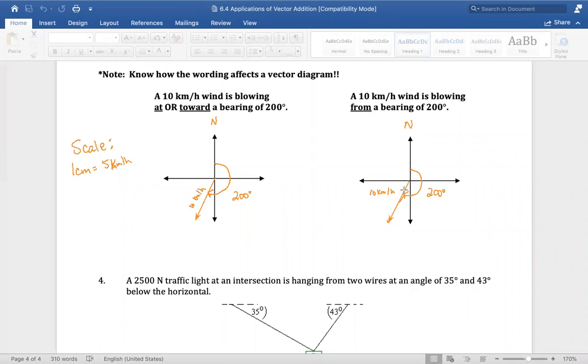Basically this would be the tail and this would be the head coming in this direction, but we don't want the head going towards and touching the origin. So we're just going to bring the tail forward and extend it, going in this direction here.